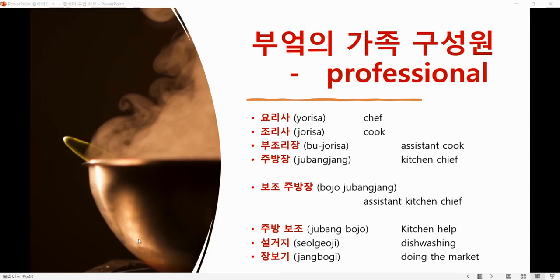Now let us see some in professional mode. Who are the people inside our kitchen? First of all, we have 요리사. 요리사 is a chef, like a chef in an Italian restaurant or French restaurant or any kind of big scale restaurant.